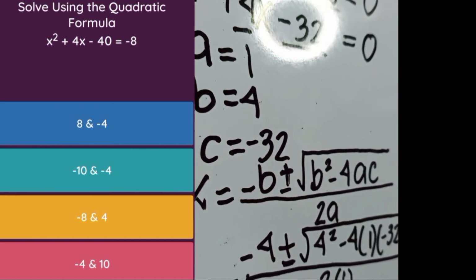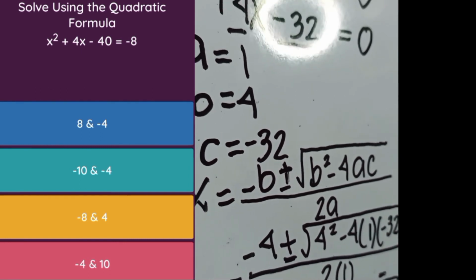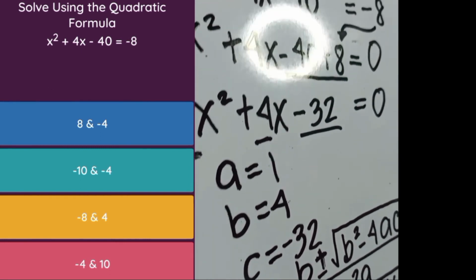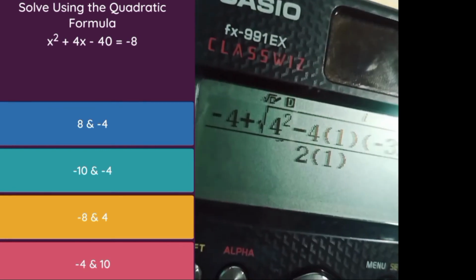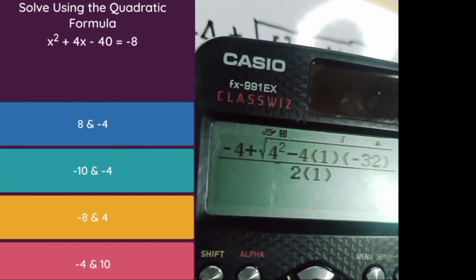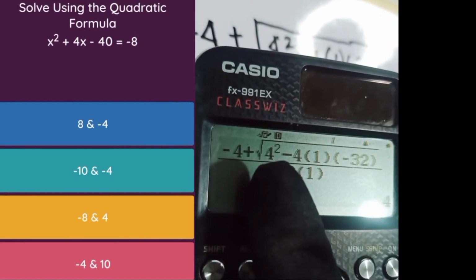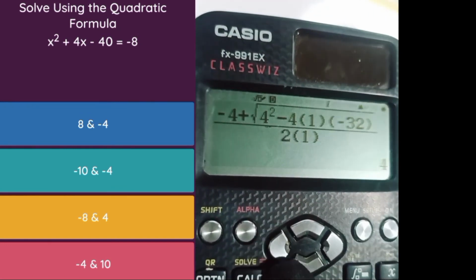This time let's get the value of the second root. We don't delete anything except the plus sign. We'll just change it to the minus sign.